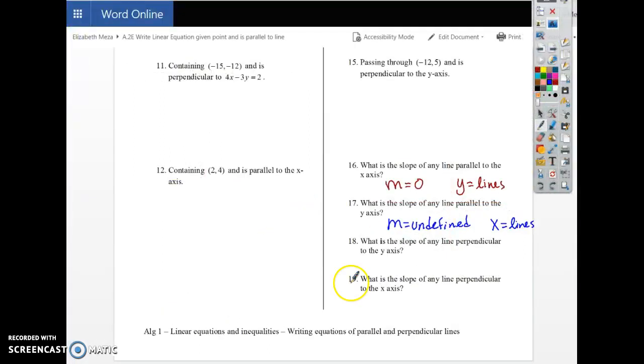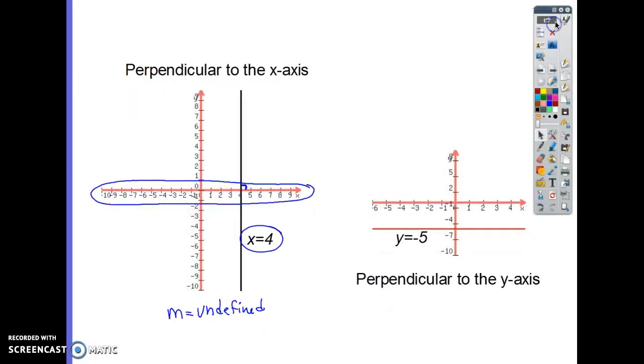And we're talking about perpendicular to the x-axis. So that would be number 19. Slope of the line perpendicular to the x-axis. The M is undefined. And those are x-equal lines. Those are the equations. And then the last one, number 18. Okay, perpendicular to the y-axis.